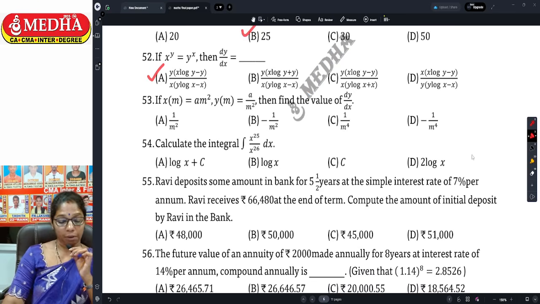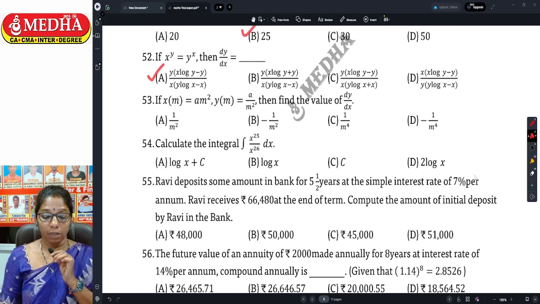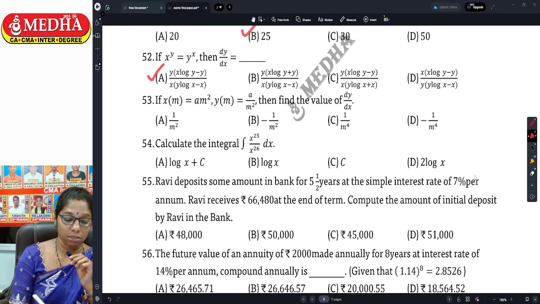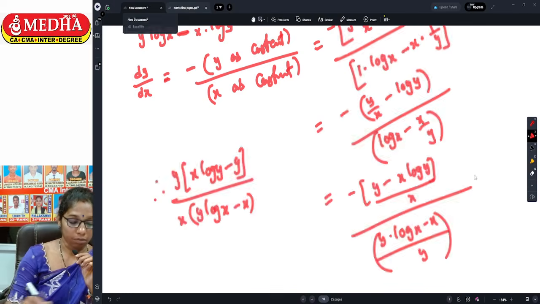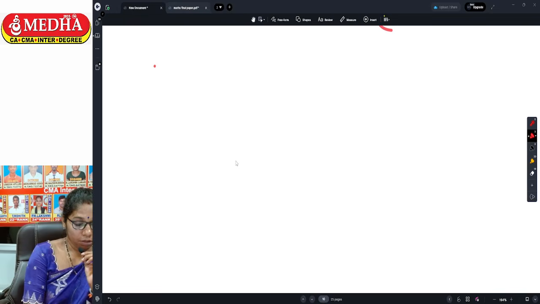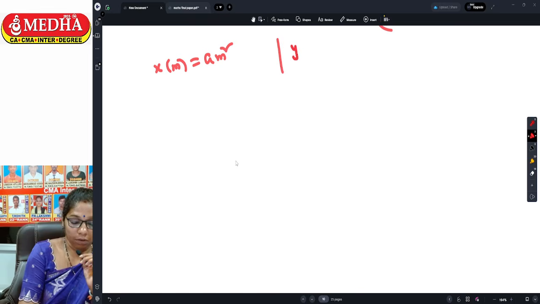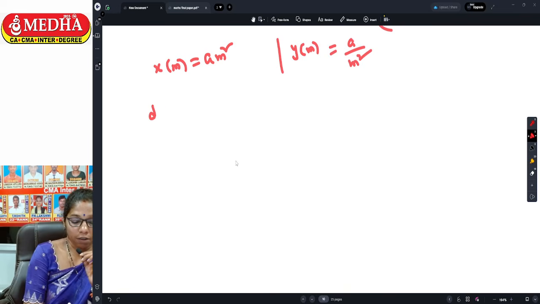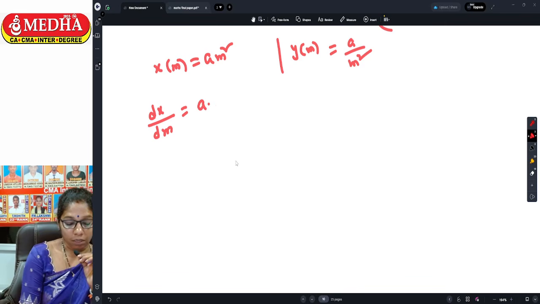Next one, x of m is equal to am square and y of m is equal to a by m square. Then find dy by dx. Here first of all, dx by dm with respect to m, that is m square is 2m, and next dy by dm, a into 1 by x square.